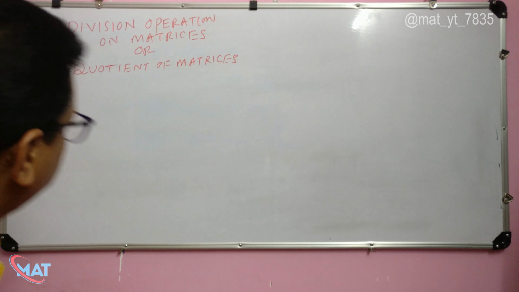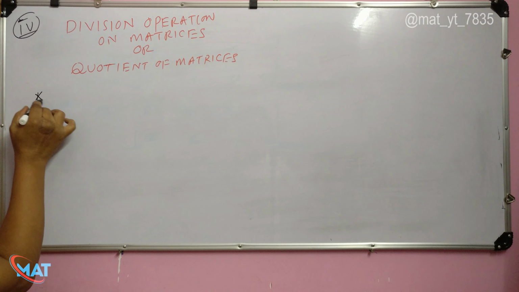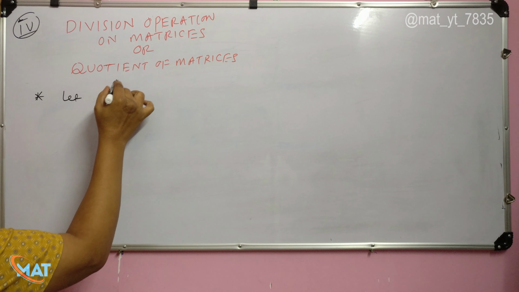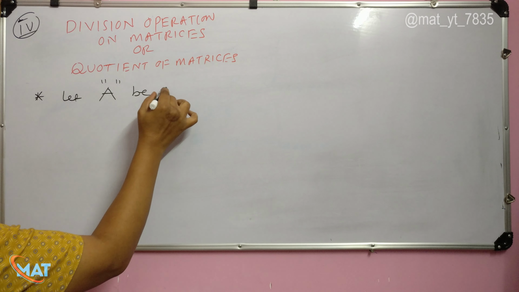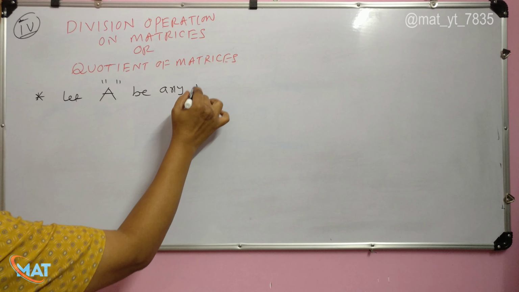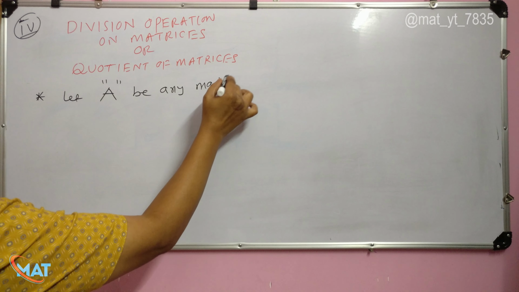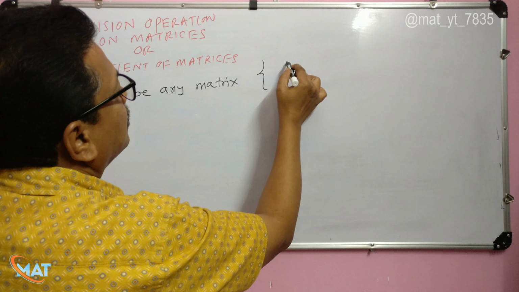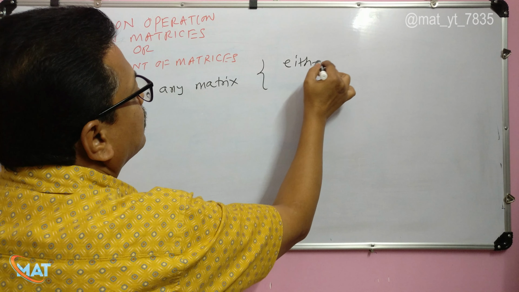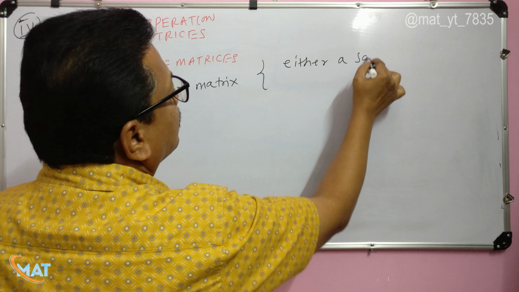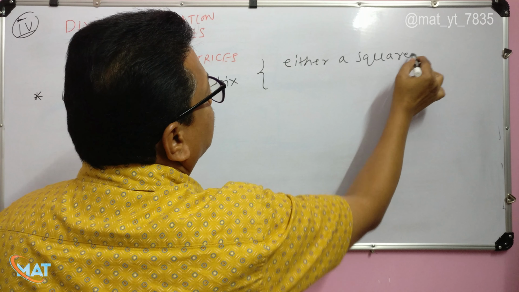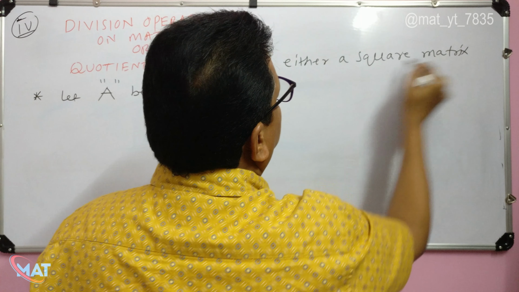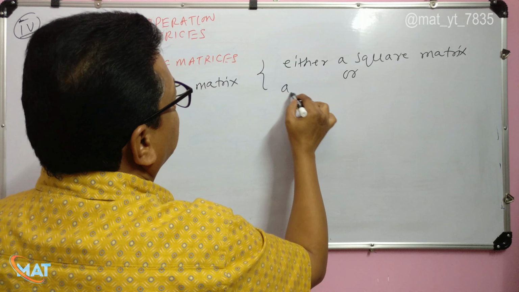Here also, first let you take any matrices A, B. Matrix A may be rectangular or square, either a square matrix or a rectangular one.